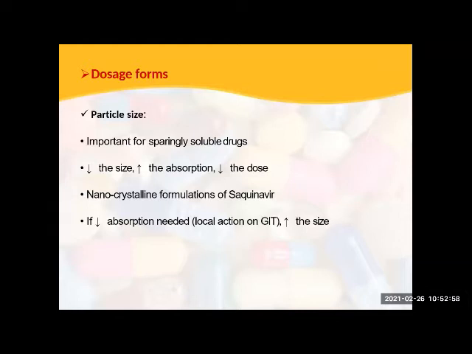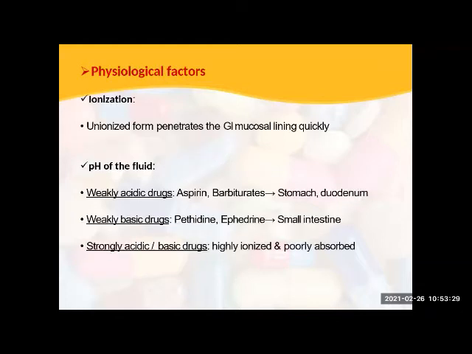If we want the drug to remain in the gastrointestinal tract for treating some local conditions, in that case we have to increase the size of the particles. Okay, then the drug will remain in the gastrointestinal tract and we will get the localized effect. Okay, so next, physiological factors.